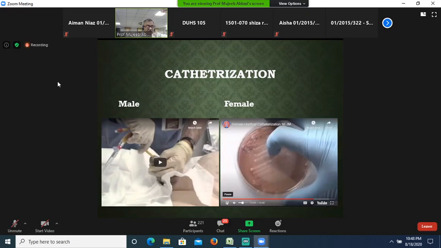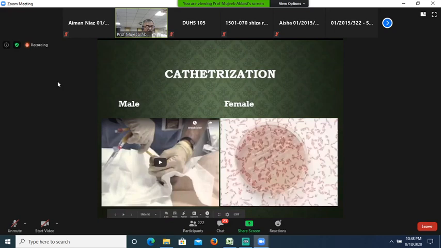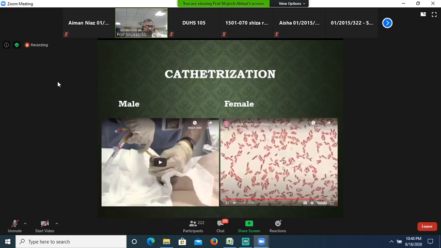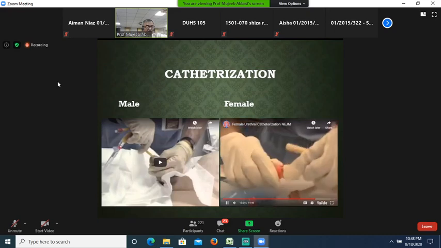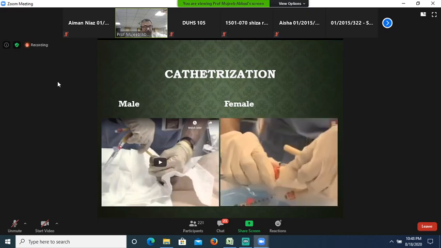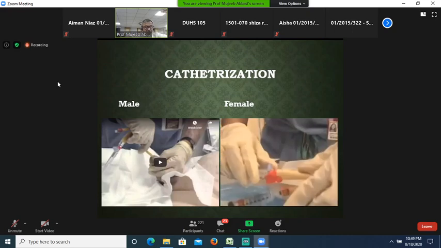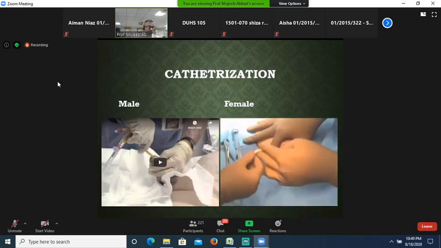This is basically infection after catheterization, which is common after 48 hours. And to avoid that, one should not catheterize, but in certain cases it's not possible, like frank hematuria. We have to catheterize.